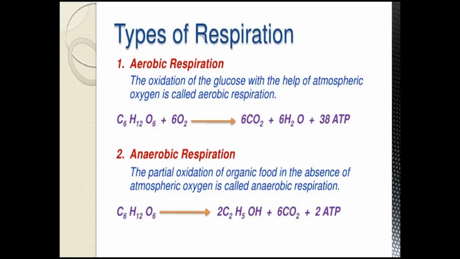Oxidation of glucose with the help of atmospheric oxygen is called aerobic respiration. That means glucose plus oxygen go to the body and cells, all places, and coming out are carbon dioxide, water and ATP.